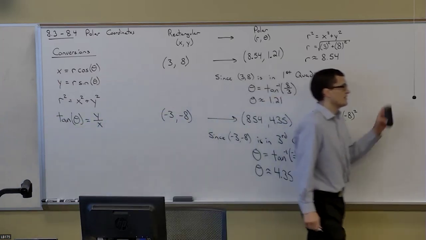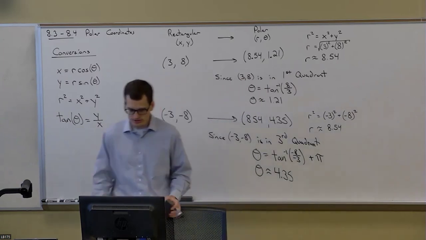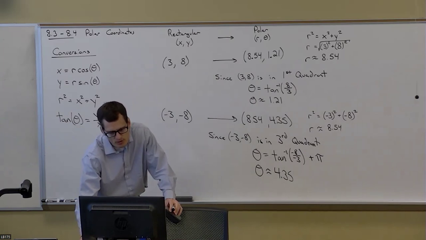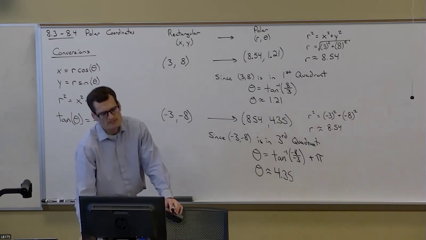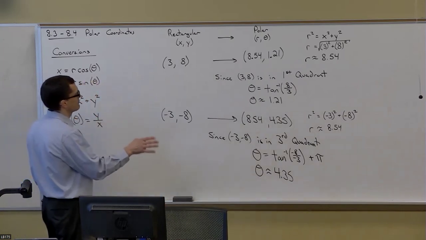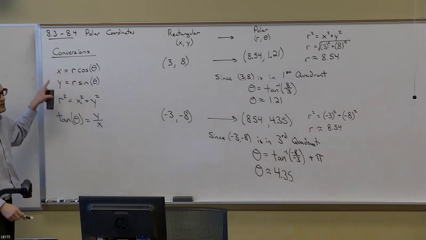So these are all point conversions. We're converting points in rectangular to points in polar right now. But we've also, last time, converted points in polar to points in rectangular. And that's a little bit easier. I don't have to worry about which quadrant I'm in.